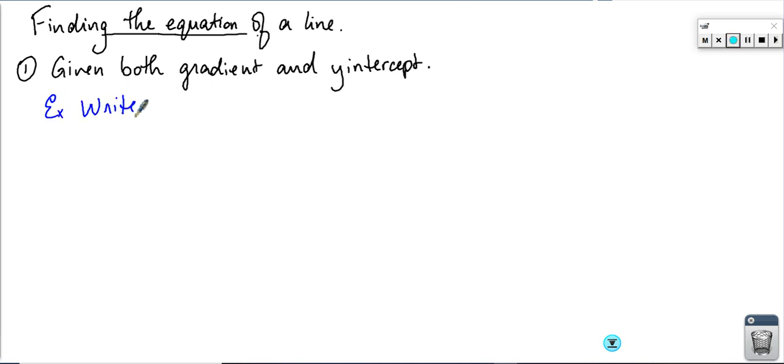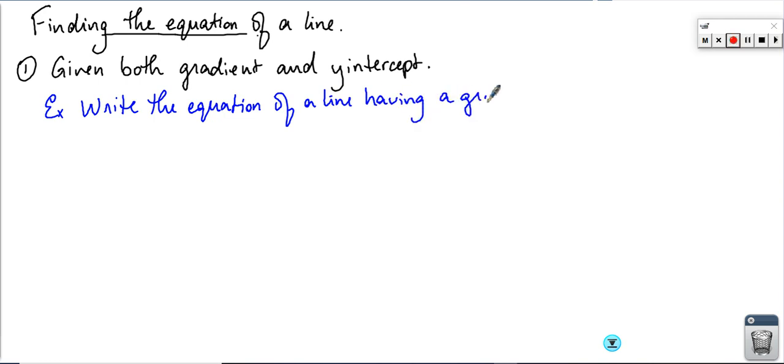Write the equation of a line having a gradient of 2 and y-intercept of 6.